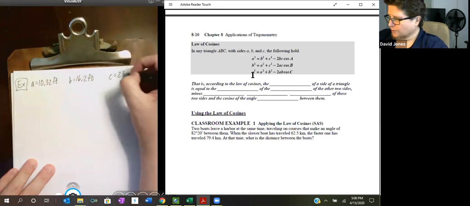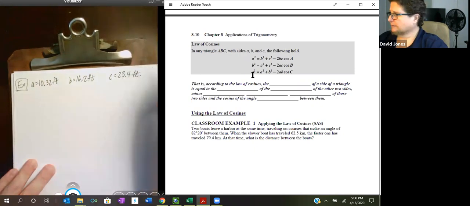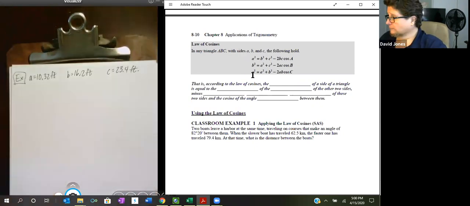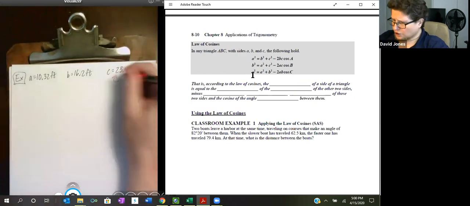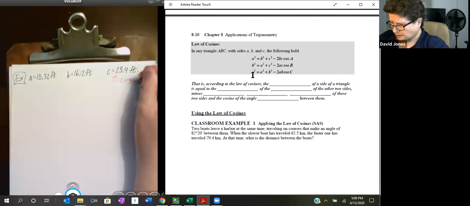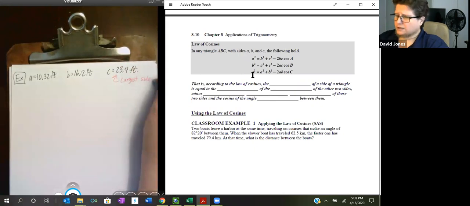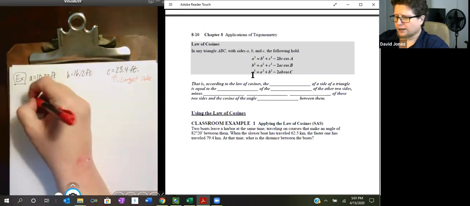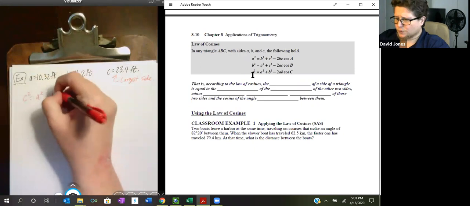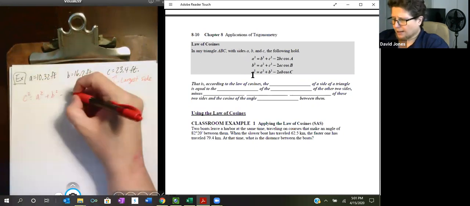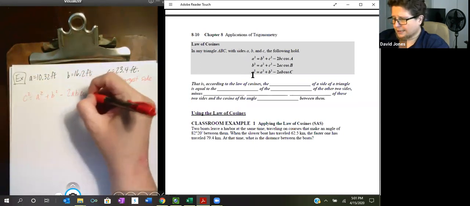C equals 23.4 feet. This is the largest one. So we're going to use C squared equals A squared plus B squared minus 2AB cosine C.